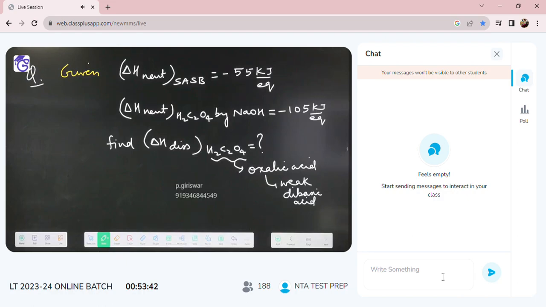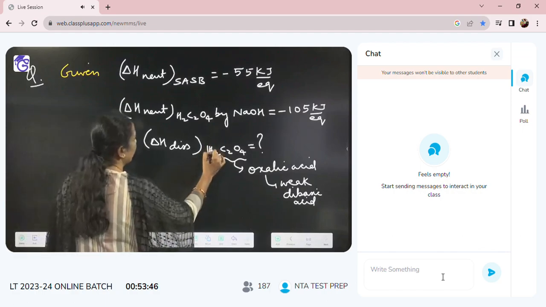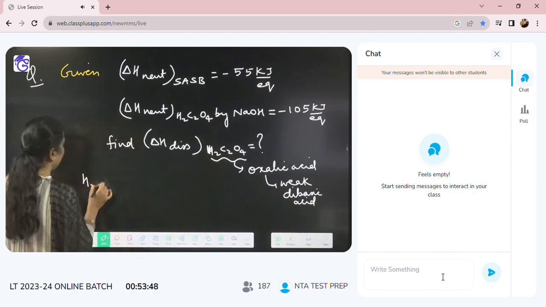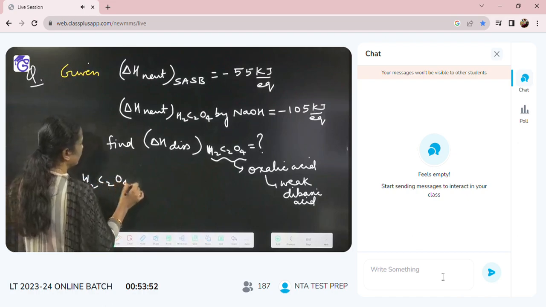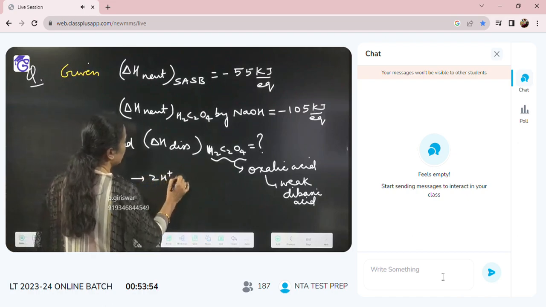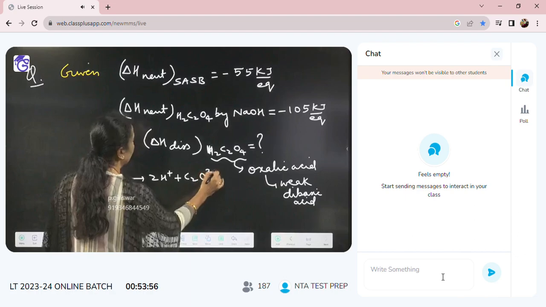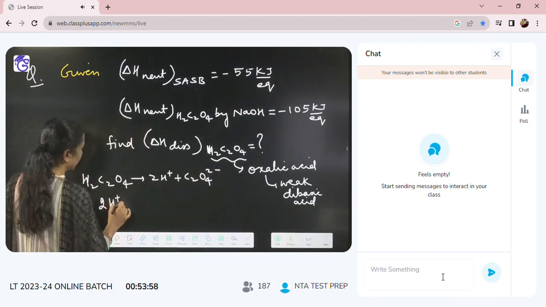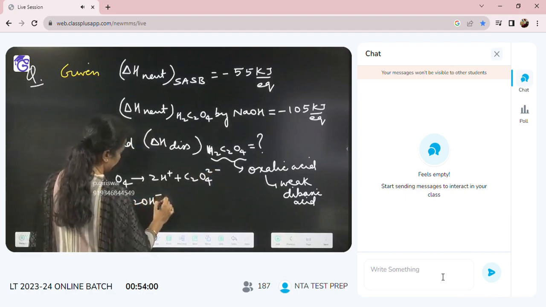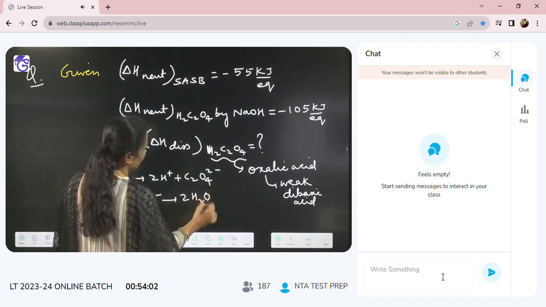Vishesh also. Good. Now the thing is, you should be knowing that this is a weak dibasic acid. That means if it gets dissociated, it will be giving you 2H plus and C2O4 2 minus, and this 2H plus with 2OH minus is going to form 2H2O.